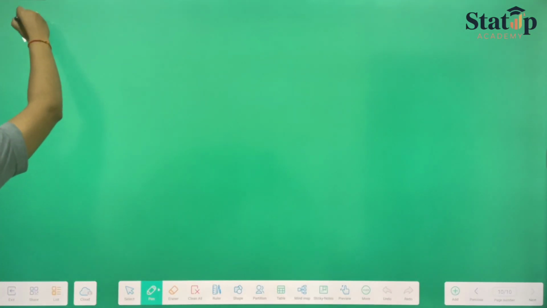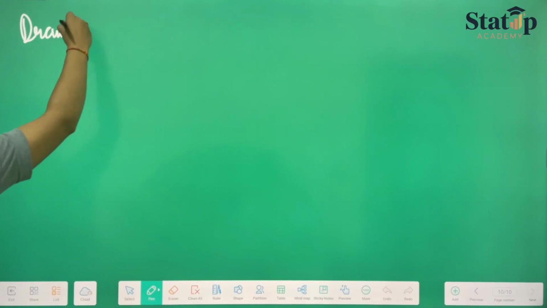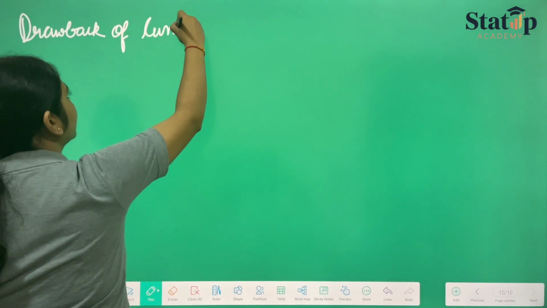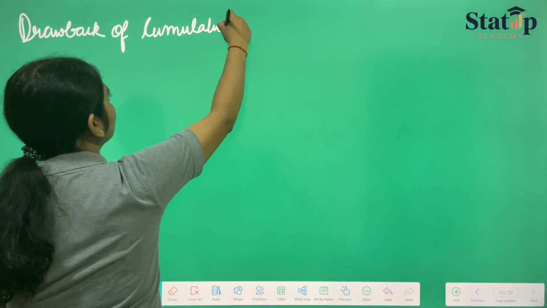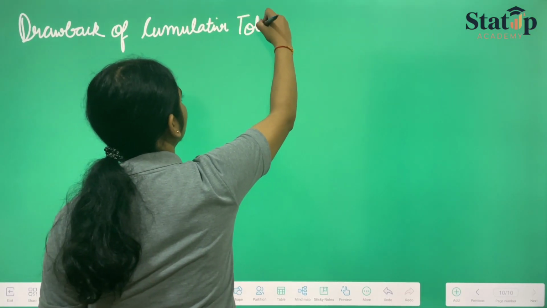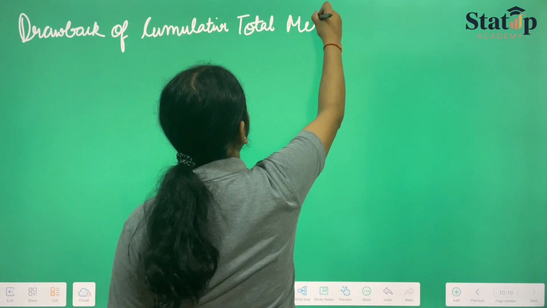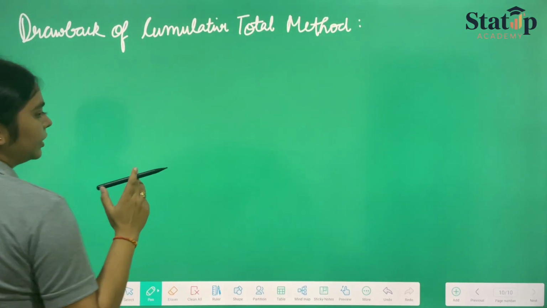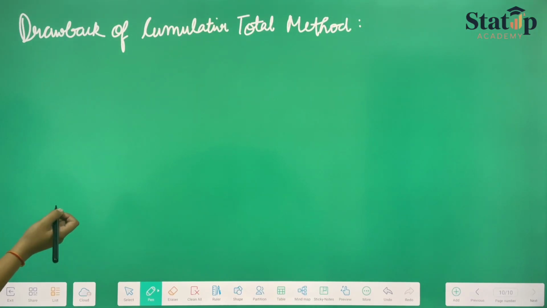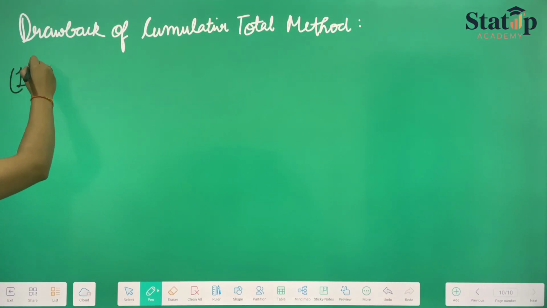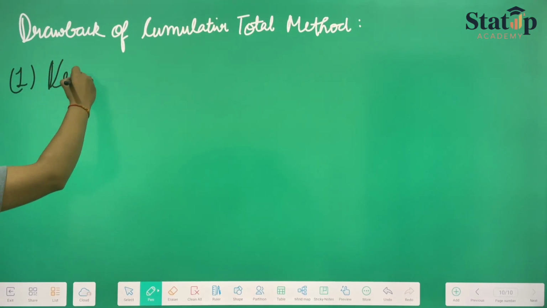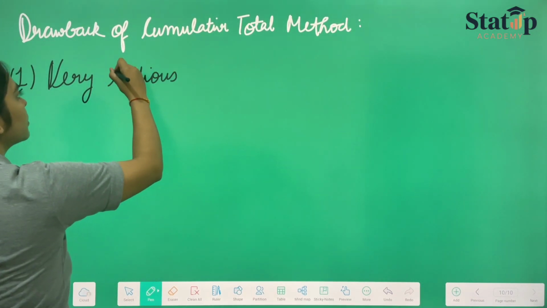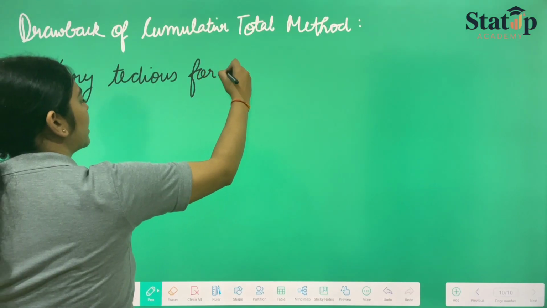So the drawback of cumulative total method is, first of all, it is very tedious for larger sample.